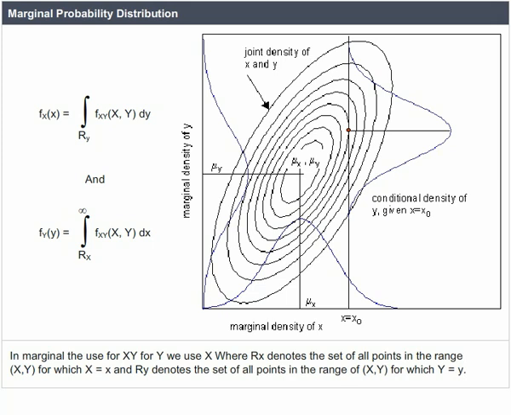In the marginal for x we integrate over y, and for y we integrate over x, where Rx denotes the set of all points in the range of (X, Y) for which X is equal to x, and Ry denotes the set of all points in the range of (X, Y) for which Y is equal to y.